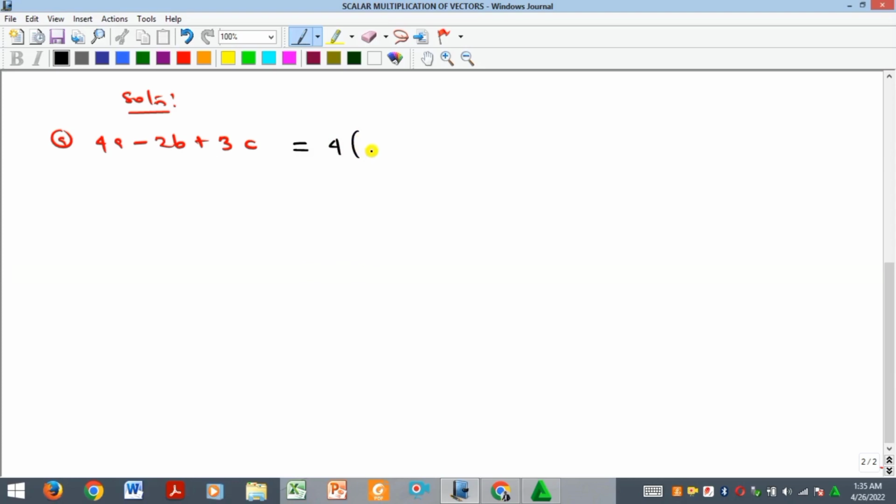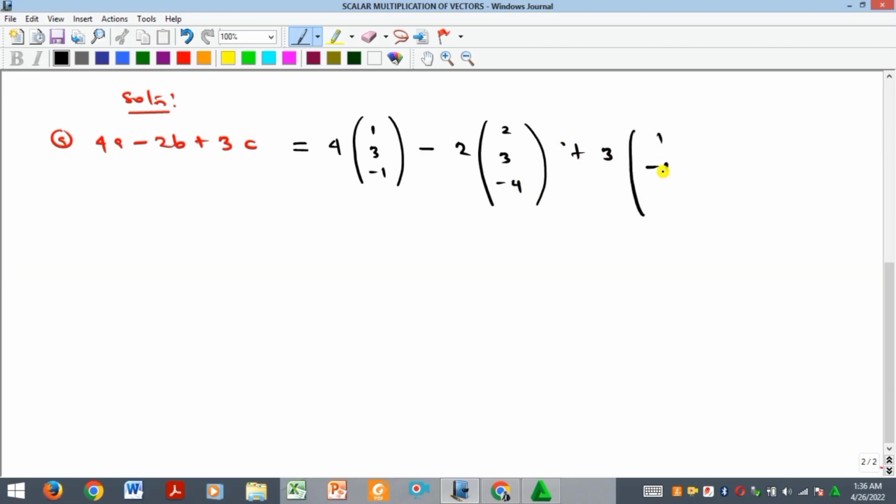If we write it as a row vector, we are going to have 1, 3, 1 for a. But since they are giving us column, let's use column vectors. So this is going to be 4 into 1, 3, minus 1, then minus 2 into the vector b, which is 2, 3, negative 4, then we close here, plus 3c. Our c is 1, negative 1, and positive 1.